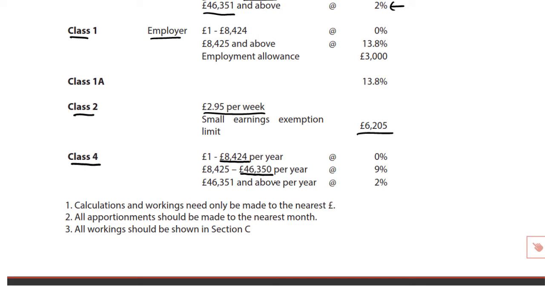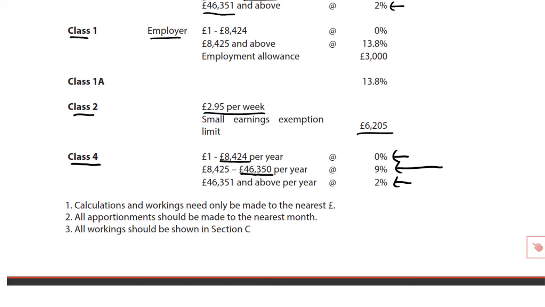But we'll see that the main difference is, though below the lower limit, nothing, above the upper limit, 2%, just as we had for employee Class 1, the main rate that exists between the lower and upper limits, well, that's at a friendlier rate than it is for the employee. That is a mere 9% there.